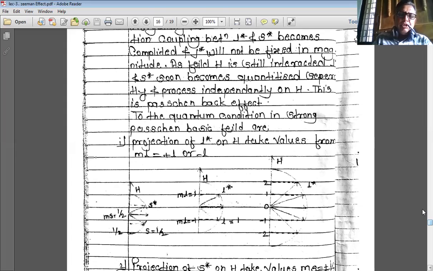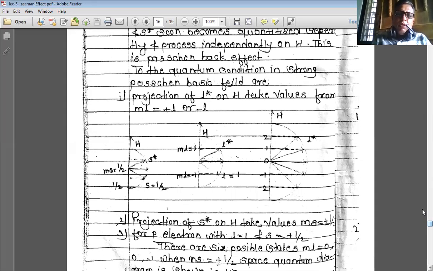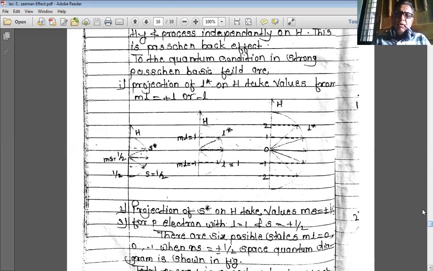Then S star and H. So here ML is equal to 1 and there is minus 1. That time L is equal to 1. L star and H. The positive side is positive and the negative side is negative, with 0 at the center, then minus 1, minus 2, along the y-axis. The projections of S star on H take values MS equal to plus or minus half.